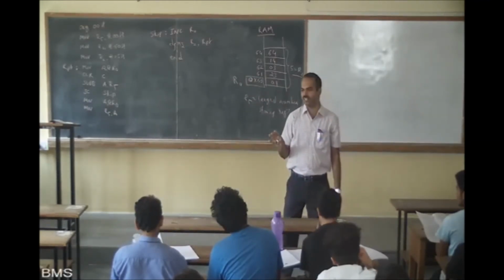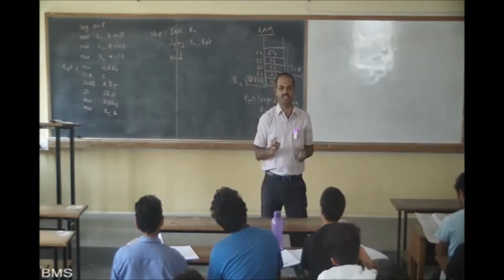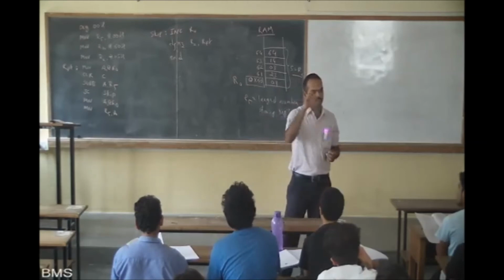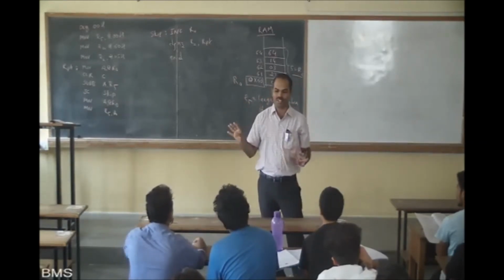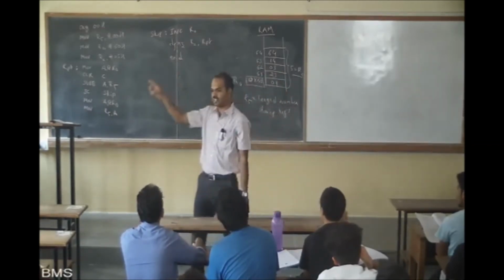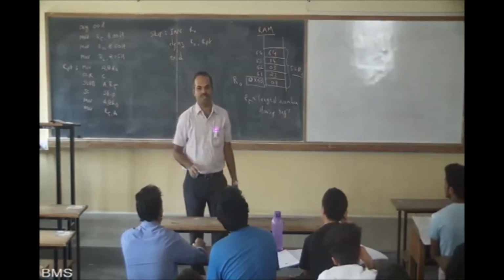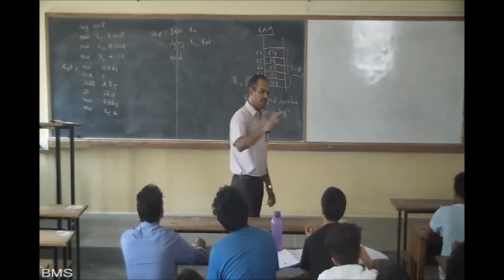Same operation, but the way in which we handle it is different. Move 7,2 will work. Move R7, R2 will not work. You want to transfer the content of R2 to R7, done.